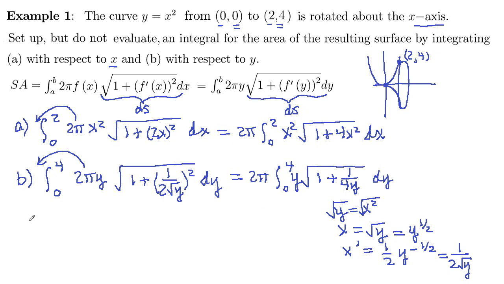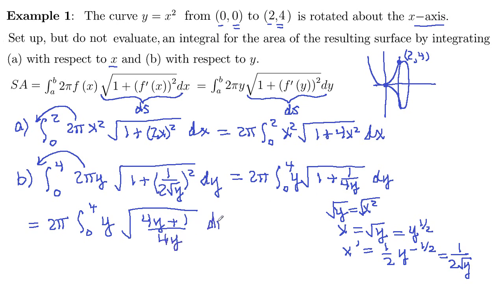So if we took this one step farther, I think the x integral is definitely the easier one, even though it's a trig sub. So this would be 0 to 4, y, and then we've got square root. Write the 1 as 4y over 4y, so 4y plus 1 over 4y, dy.